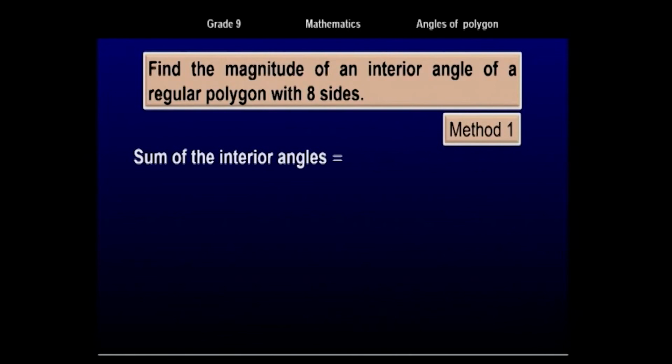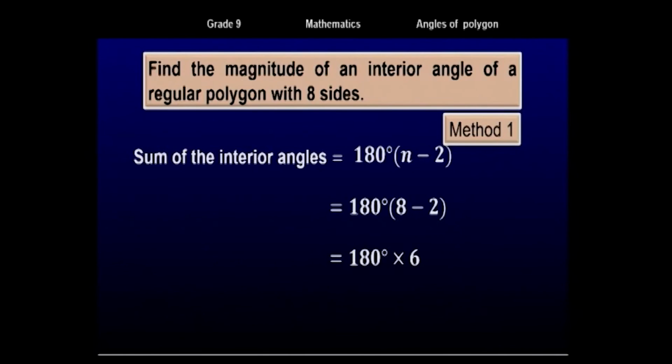Method 1: the sum of the interior angles is equal to 180(n minus 2). So we can substitute for n. There are 8 sides, then substitute 8 minus 2. What is the value of 8 minus 2? 6.